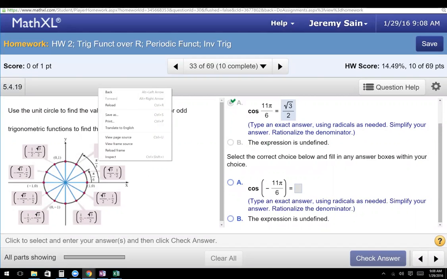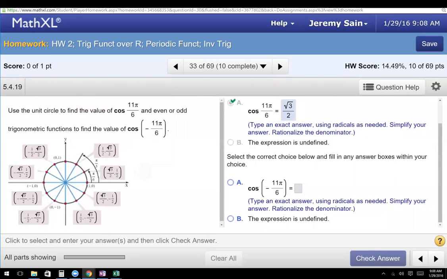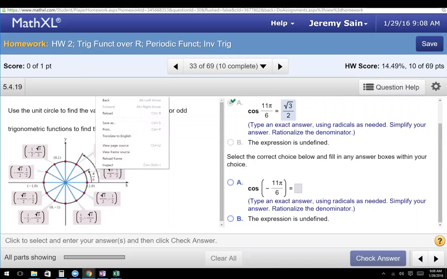Since it's negative, we go clockwise. In math, counterclockwise is normal, and so in my mind, that's normal. So we're going clockwise because of the negative, which means we wind up here. And so it's still root 3 over 2.